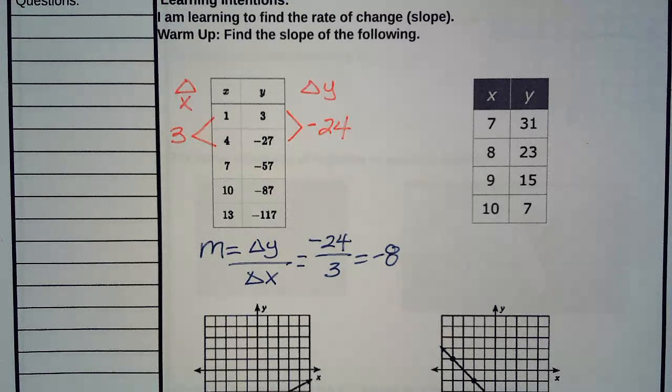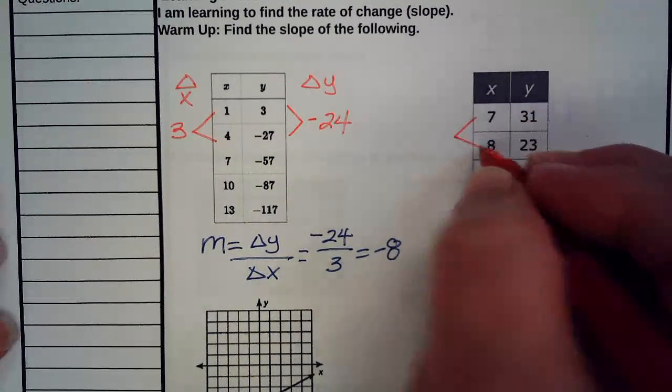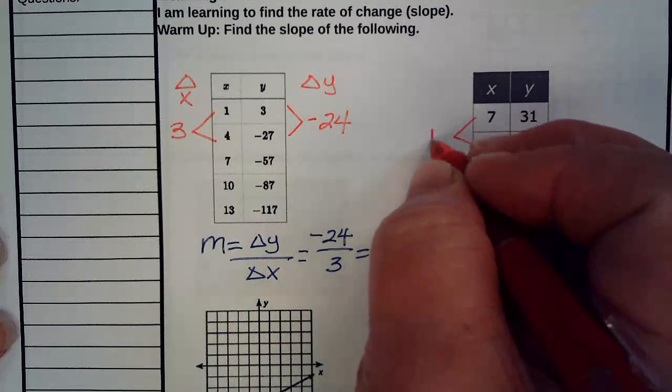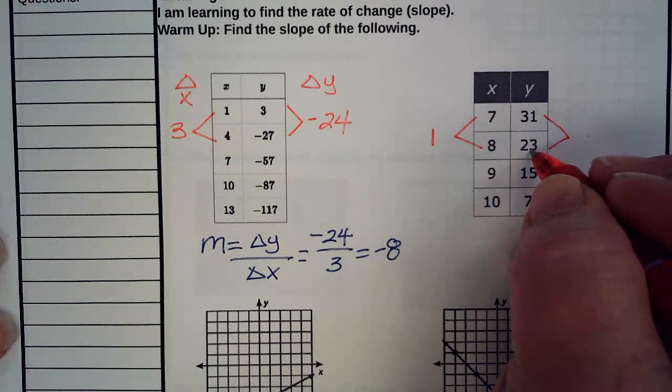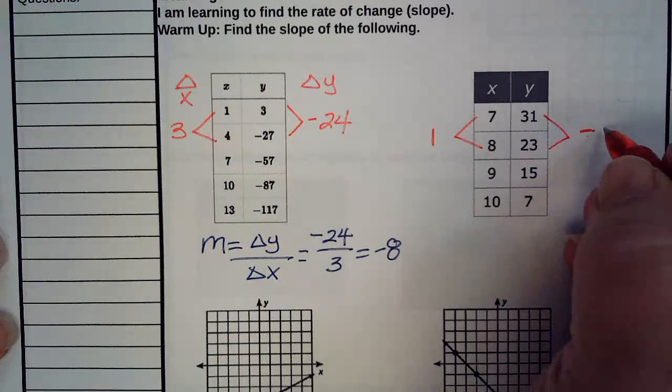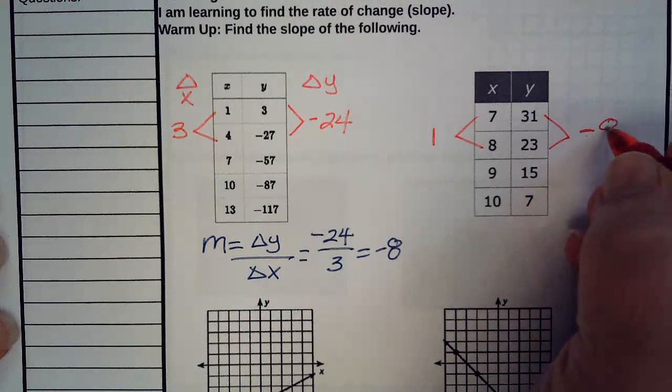Okay, if you were not able to do the first one on your own, can you do the second one? Pause the video and find out. Well, I hope you tried. 7 plus what gives me 8? 1. 31 plus what gives me 23? Negative 8.